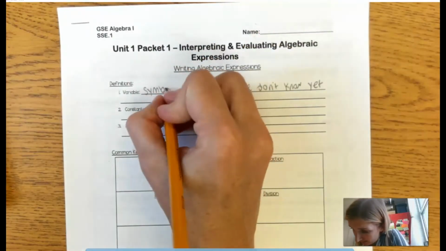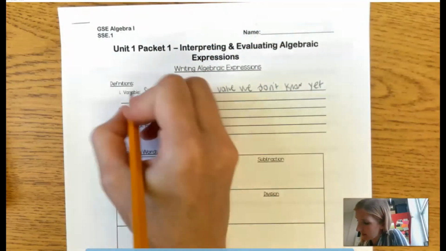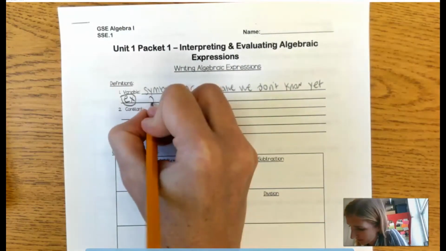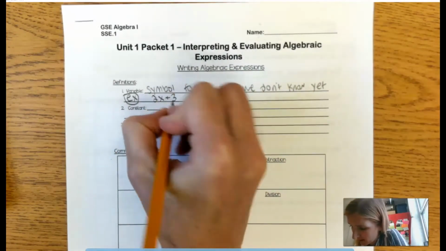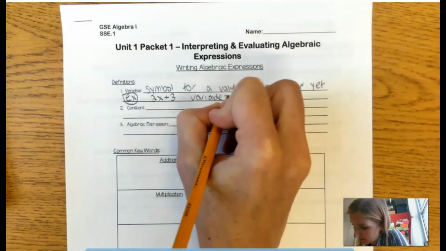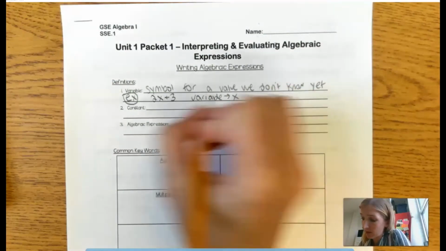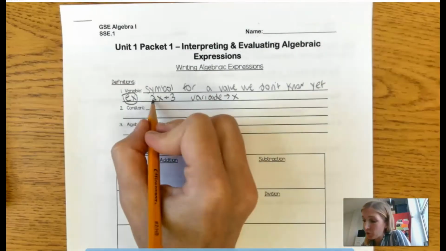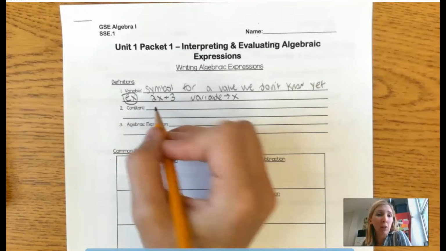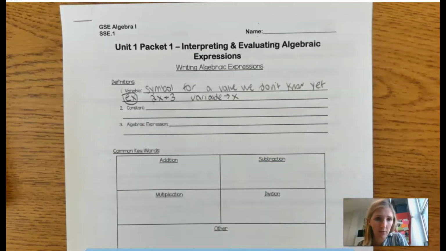You know that now. All right. So let's give an example. 2x plus 3. What is the variable in that example? It's the letter x. 2 times x. We don't know what x is. We're just putting it in as a placeholder because we don't know it yet. So x is the variable.